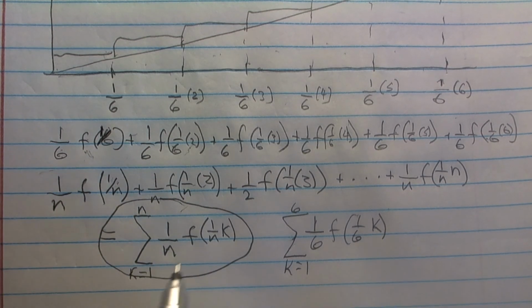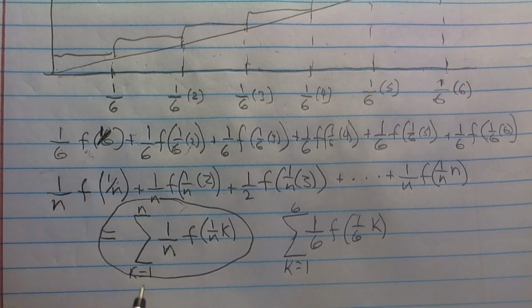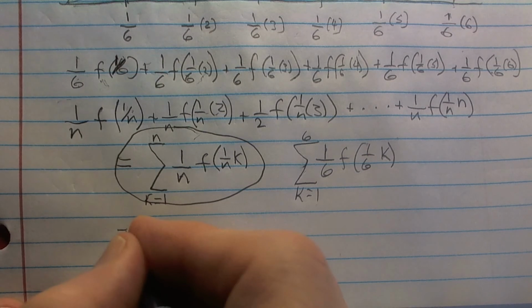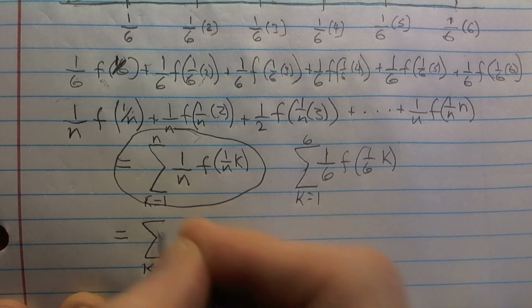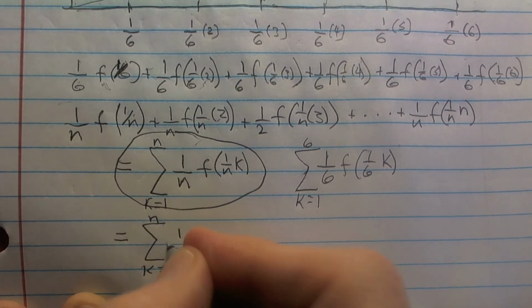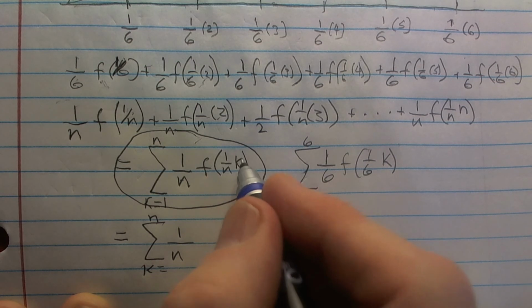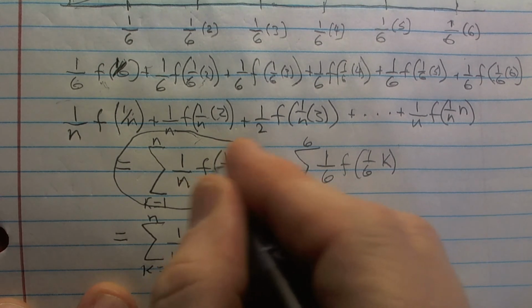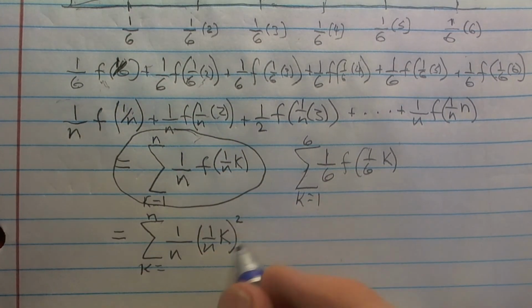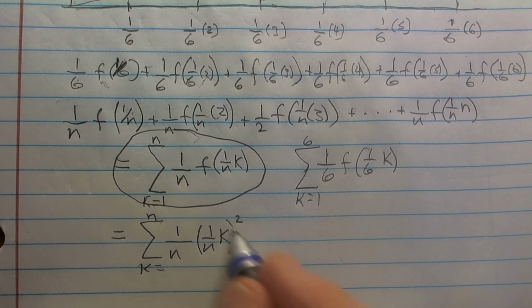Now, we want to get more specific here. For our particular problem, we were dealing with f of x equals x squared. So our particular problem goes like this: k equals 1 to n, 1 over n, f of 1 over n k. We'll do 1 over n k squared because f of x is equal to x squared.